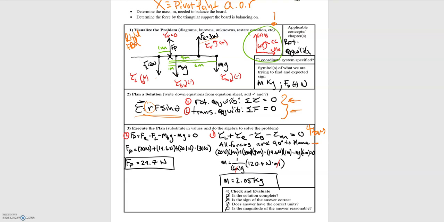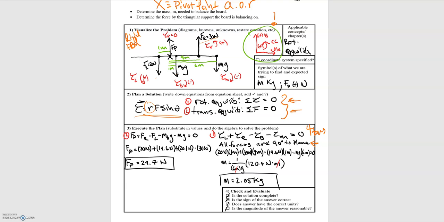So as long as you designate that, I'm good with that. You don't have to write out sine of 90 for each one. But if you want to stay consistent and you want to just be really methodical about it, which I do encourage, feel free to do that as well. The only reason I didn't do that is just to save space, really.